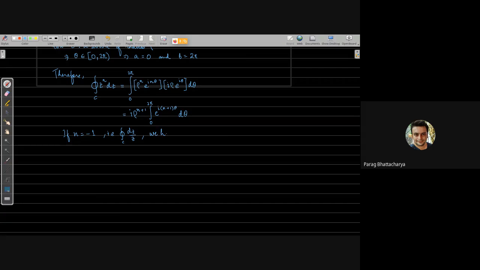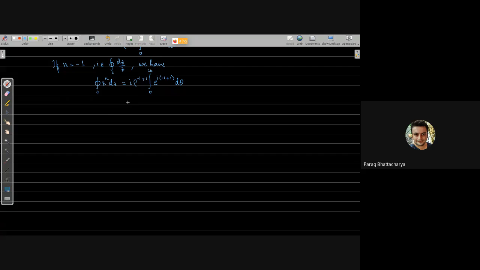So in this case, what will happen? What will happen is basically this. So C, left hand side, will write it as it is, z to the power n dz. This is equal to i rho to the power n is equal to -1 plus 1, then integration 0 to 2 pi e to the power i into -1 plus 1 into d theta.